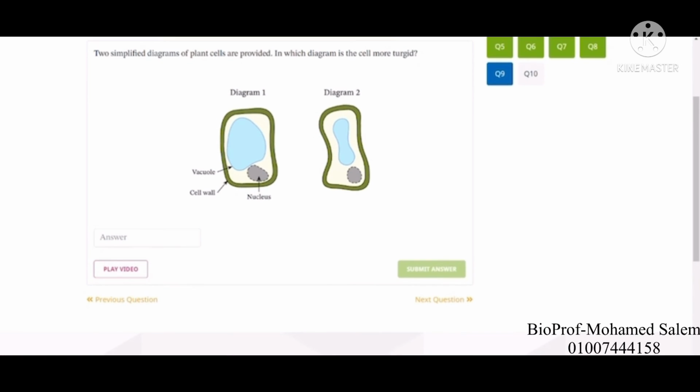Next, diagrams of plant cells are provided. In which diagram is the cell more turgid, diagram 1 or 2? Increasing in size will be diagram 1, which is more turgid.